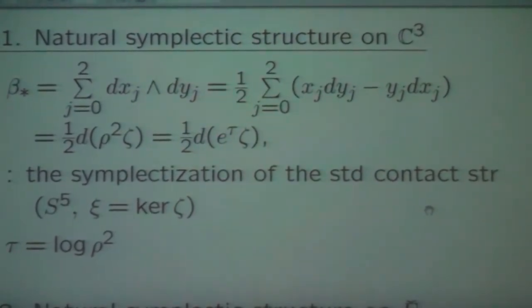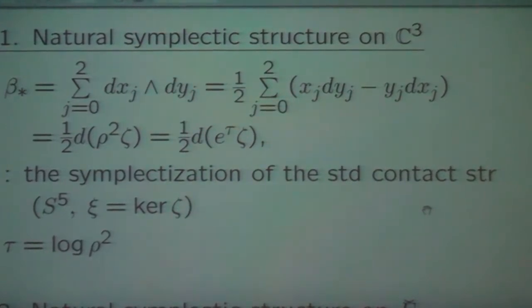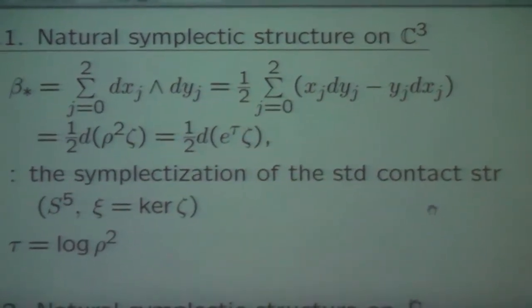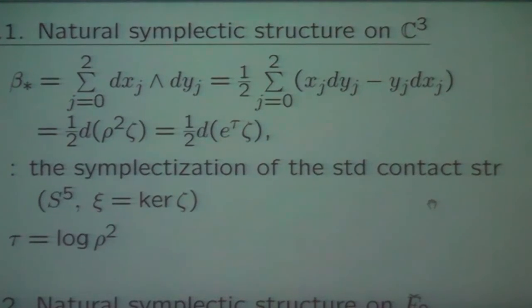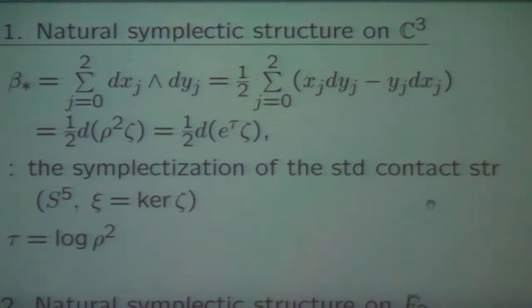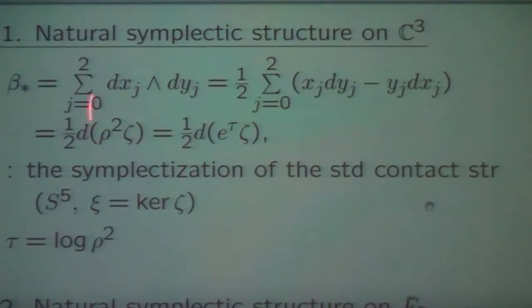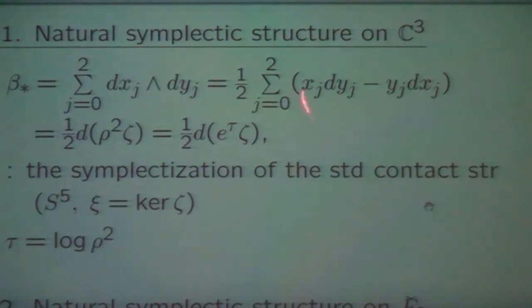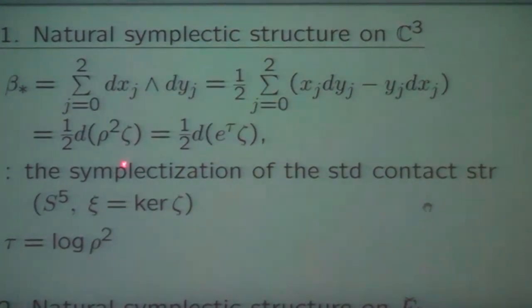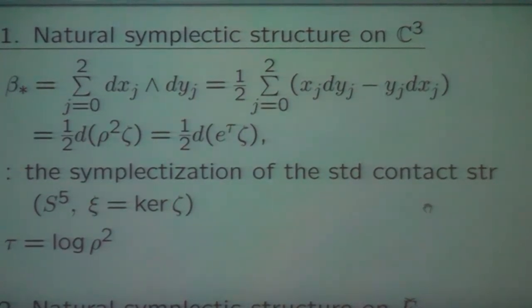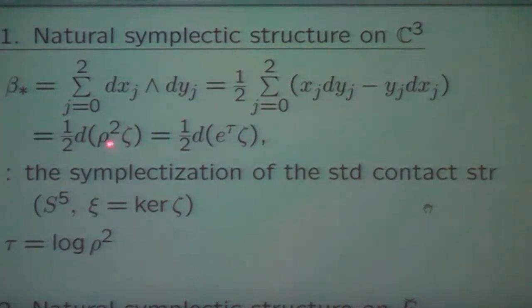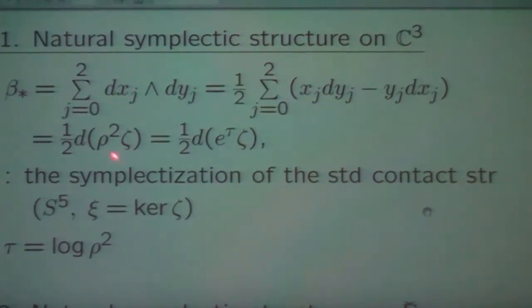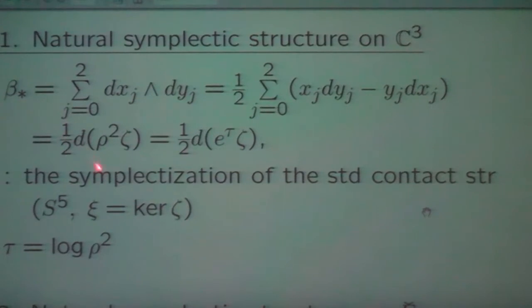But if you use polar coordinates, so let's take rho as the radius on C3, then this form is written as rho square times zeta. Is it all right? So it's not zeta, but rho square times zeta. That is a really important point.